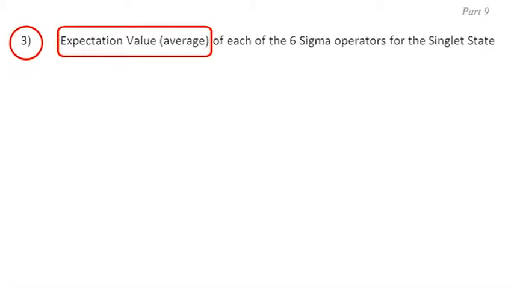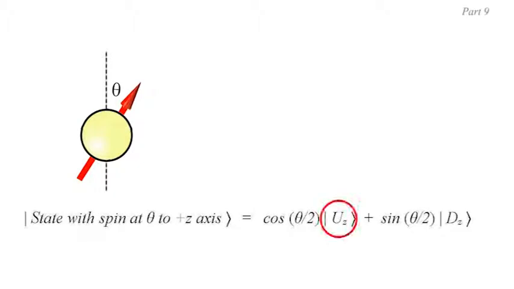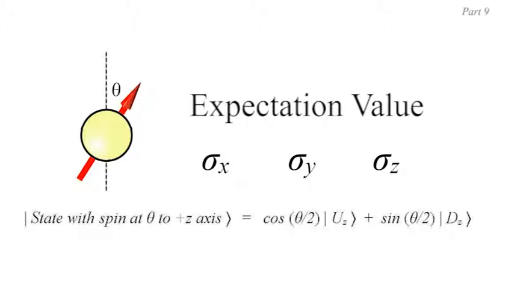Let's look at the expectation value or average value of each of the 6 sigma operators for this singlet state. In an earlier video, number 6, when dealing with a single electron in some kind of mixed state of up and down, where no measurement could be obtained from the direct use of the operators on the state, we turned to the idea of measuring what we called the expectation value or the average value of the operator with that state.